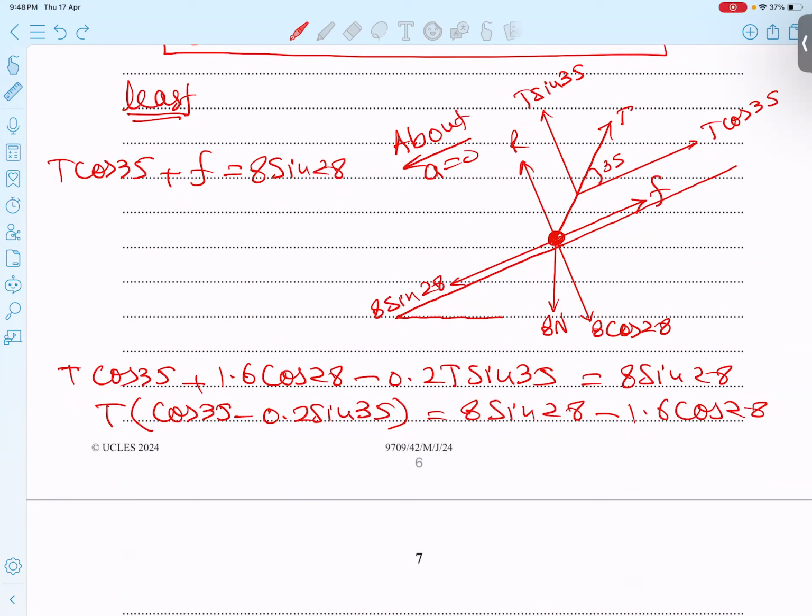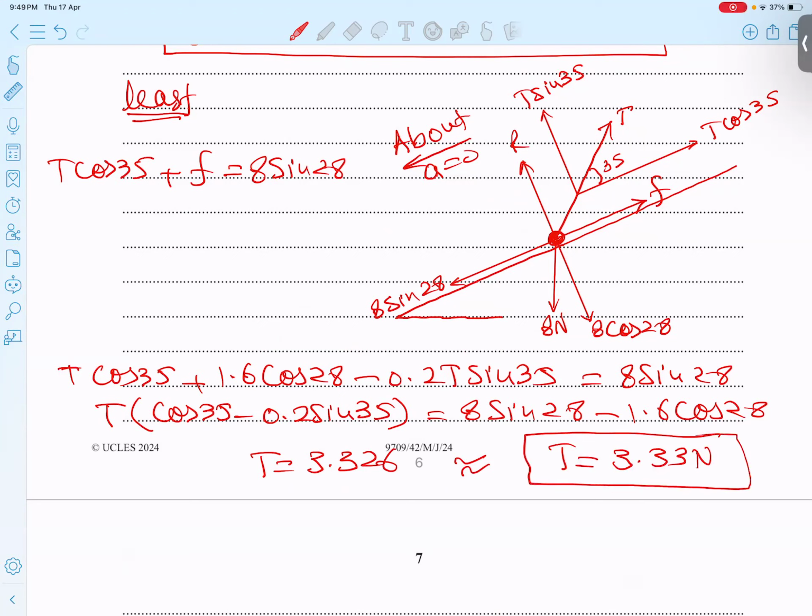So it becomes 8 times sine 28 minus 1.6 times cos 28, and in the denominator, cos 35 minus 0.2 times sine 35. And the answer turns out to be 3.326. After rounding, it turns out to be 3.33 newtons. This is the least force. I got it.